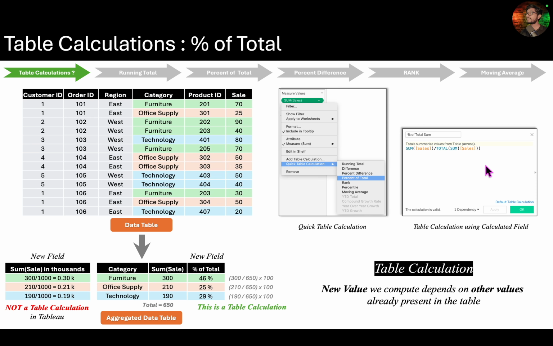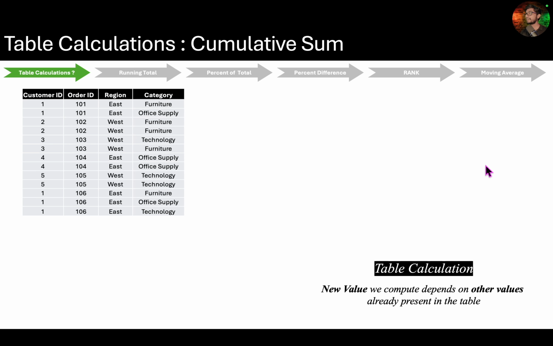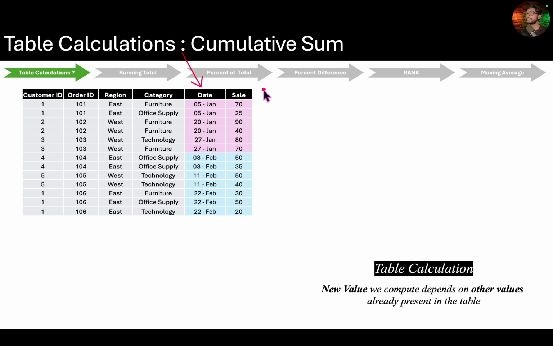Now let's take another example to make this idea clearer. This time we'll stick with the same data table but add the purchase date field alongside the sales figures. In the sample data table, the sales are spread across 2 months, January and February. Now our task is to calculate the running total of sales so that for any given date, we can see exactly how much revenue has been generated up to that point.